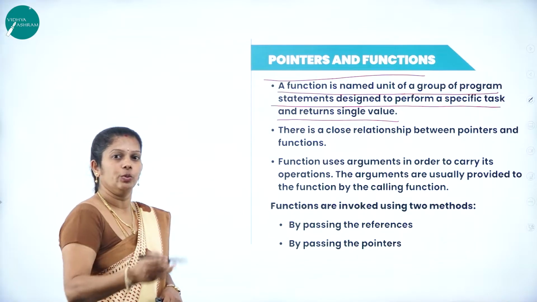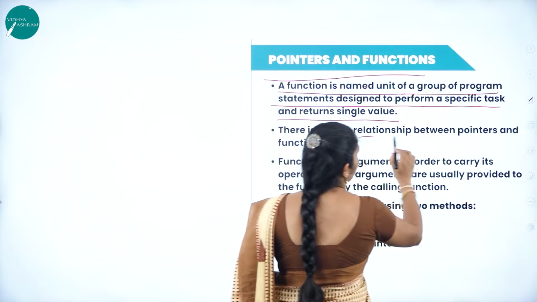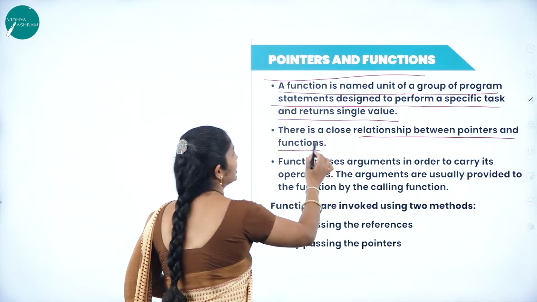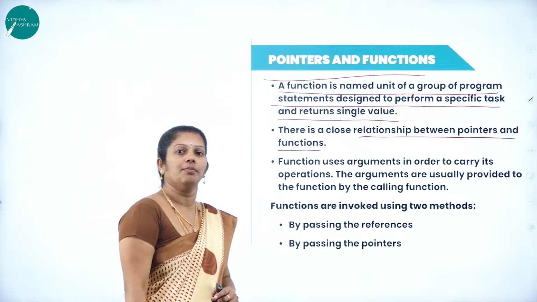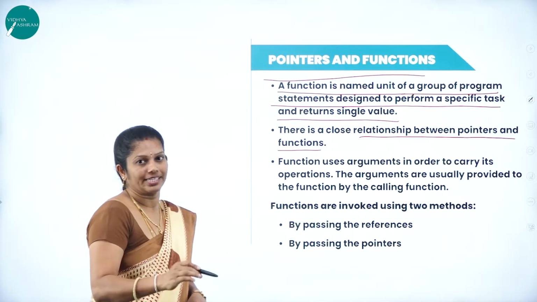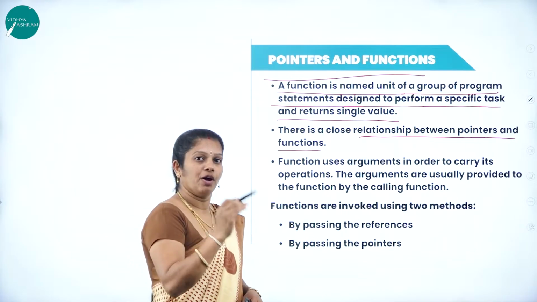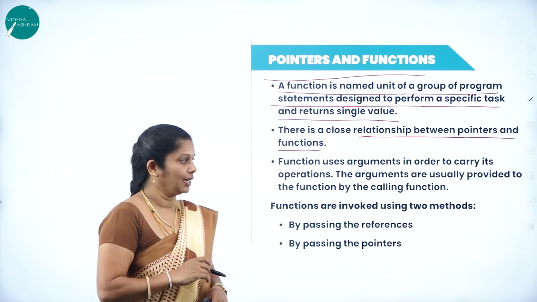After calculation, it will generate one single result. There is a close relationship between pointers as well as functions. A pointer is nothing but it stores the memory address of another variable, whereas function means a set of statements, a set of programs, it performs the task. After performing the task, it generates the single result.